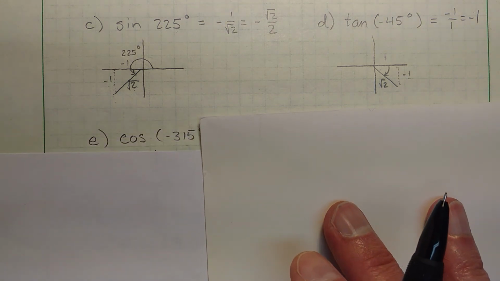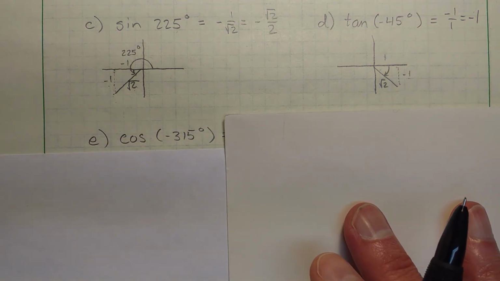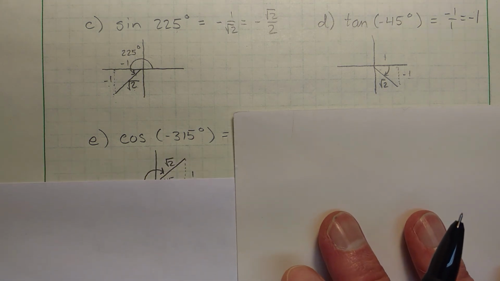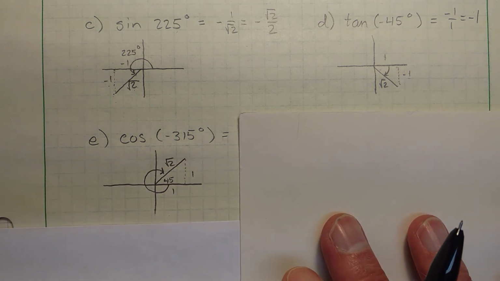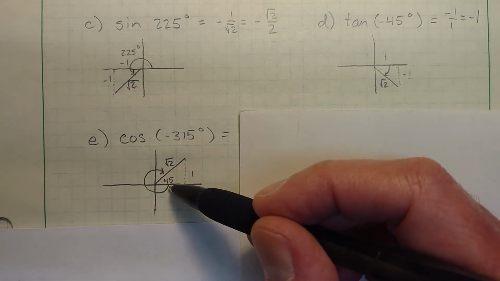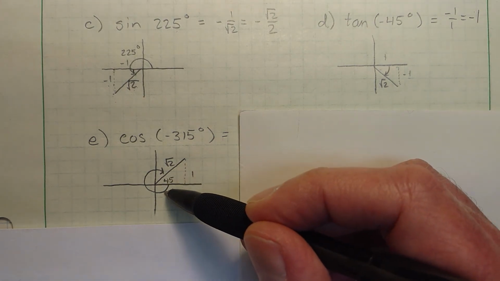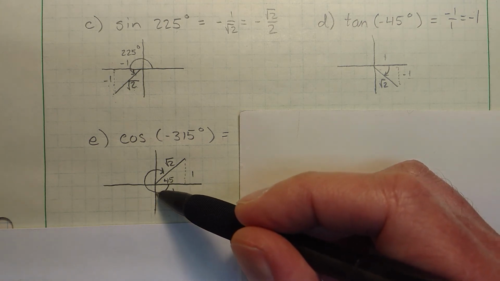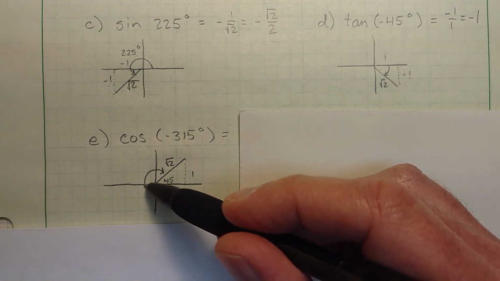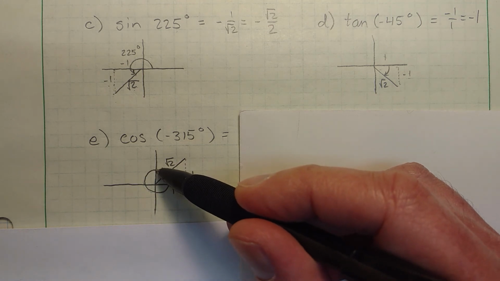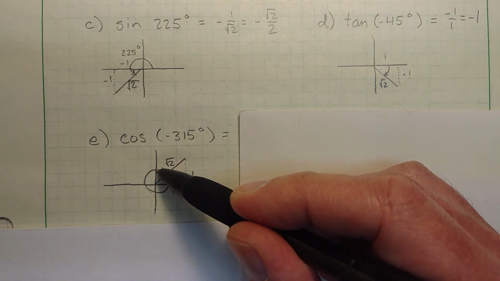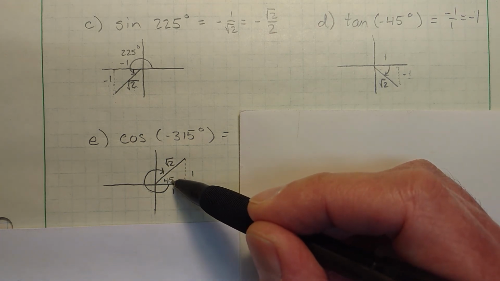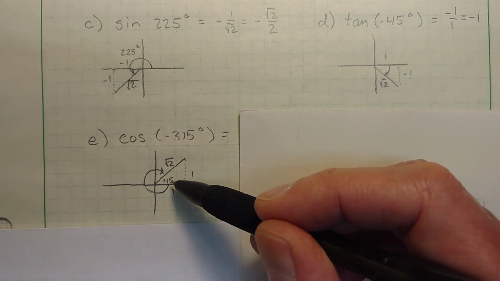Let's look at the cosine of -315 degrees. So first we have to sketch -315 degrees. So here's -315. Start here and go in the negative direction. So we're going clockwise. So we go 90, 180, 270, and then I have to go another 45 degrees, making this 45 here if this is 45 there.